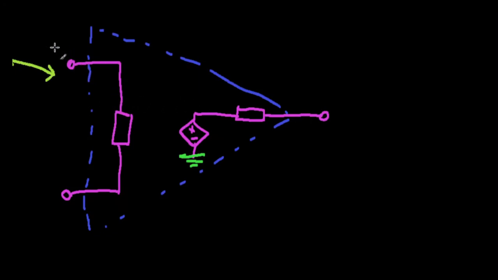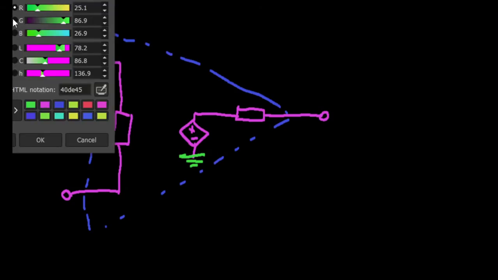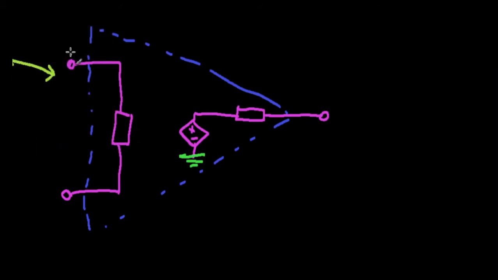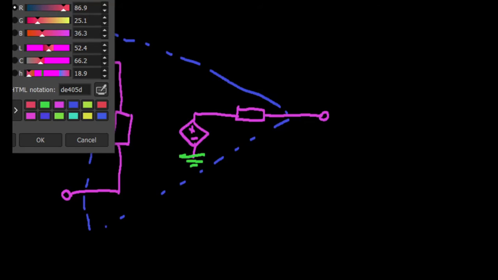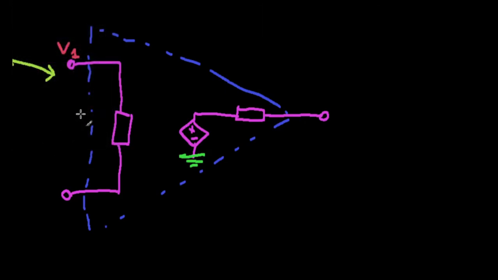And we will assign some symbols. Our inverting input is going to have a potential of V1. The non-inverting one we'll say has a potential of V2.